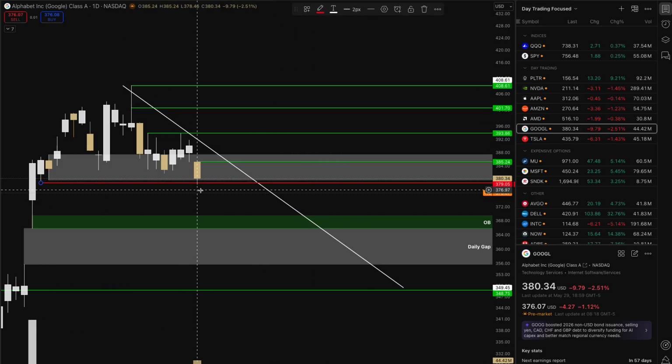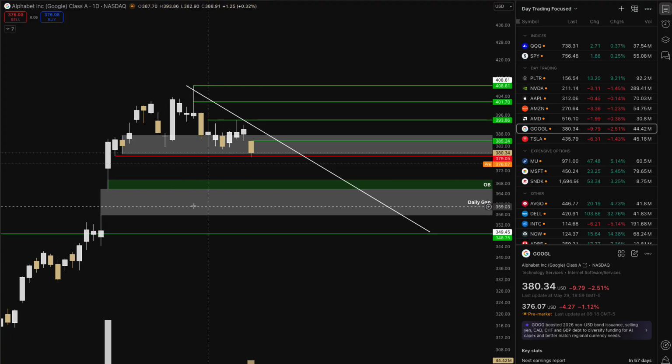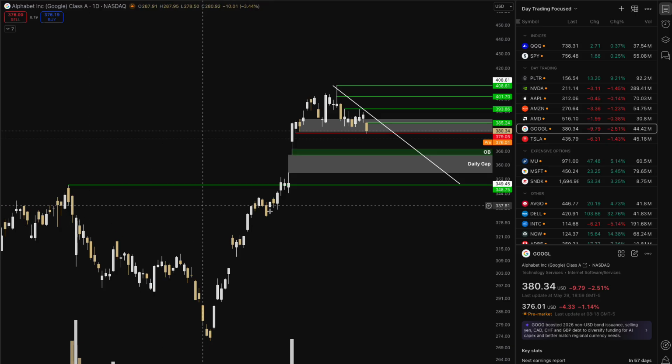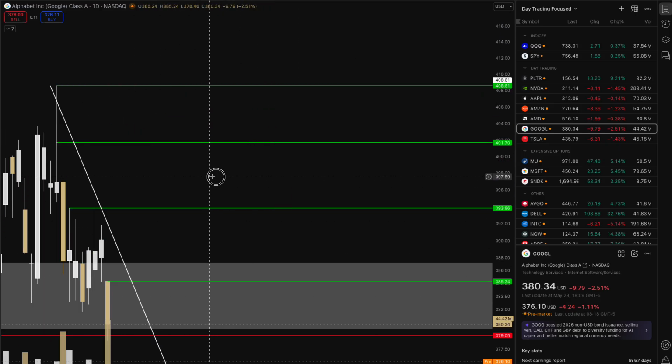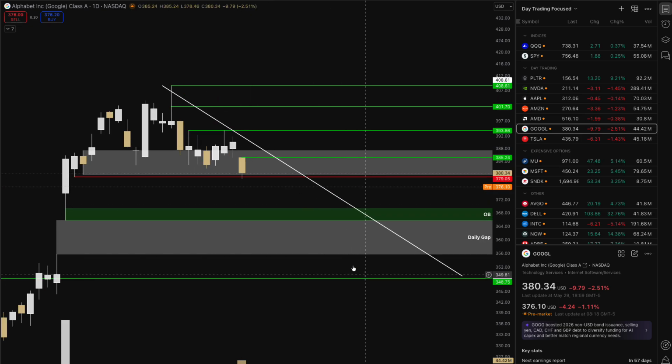Now Google has broken below that, and then also we have this daily gap here. This is the daily gap, and this is the major high. So what's gonna happen? Google is gonna go for the daily gap fill.